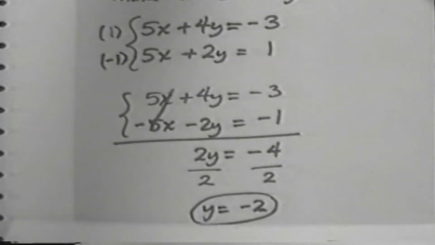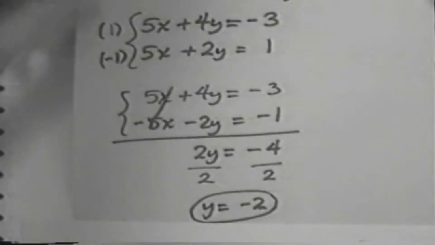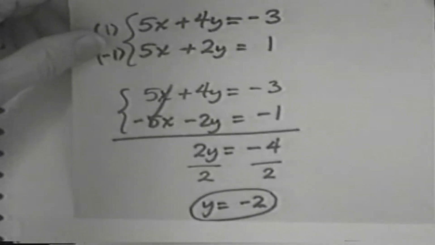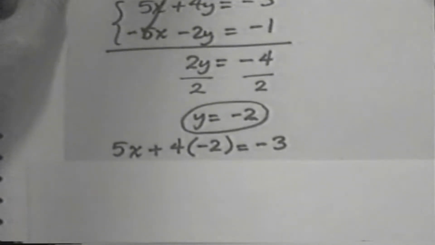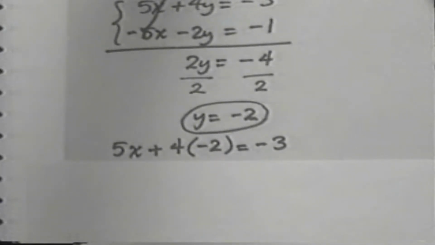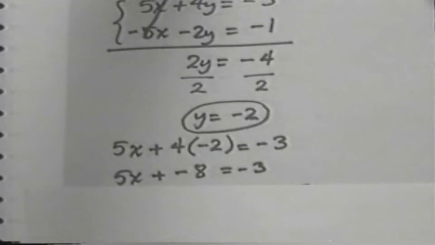I'll choose one of the equations and fill in the negative 2 for y. So I'm going to choose the first equation, 5x plus 4y equals negative 3, and fill in the negative 2. 5x plus 4 times negative 2 equals negative 3. That gives me 5x plus negative 8 equals negative 3. And then I'll solve that equation.